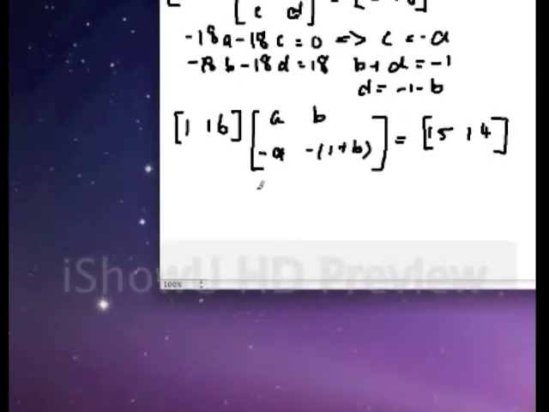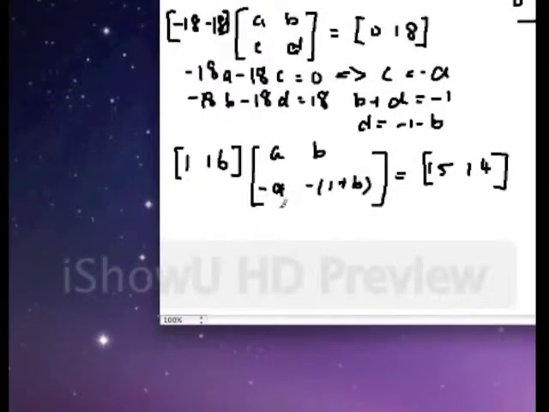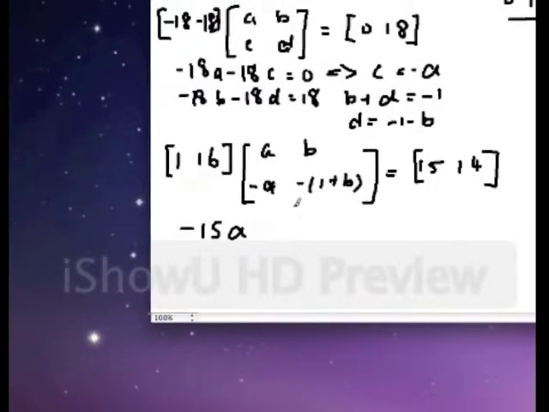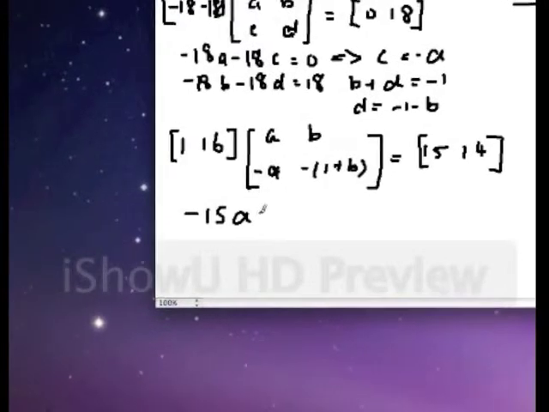Alrighty, so what are we going to do with this? What we have is 1A minus 16A, which is minus 15A, and that's going to be equal to 15.